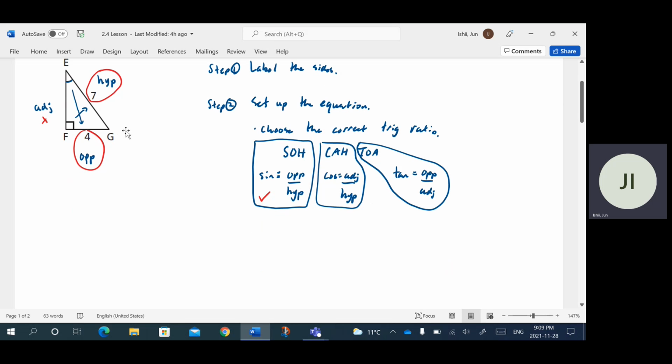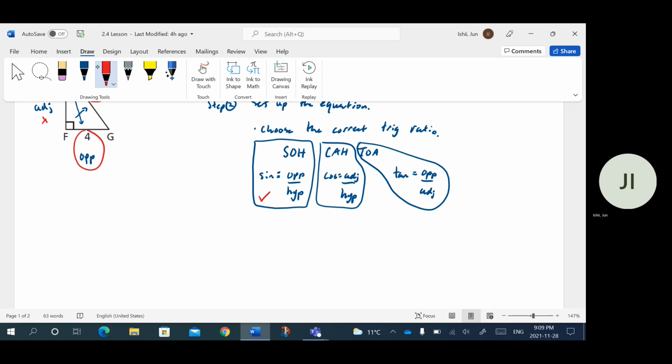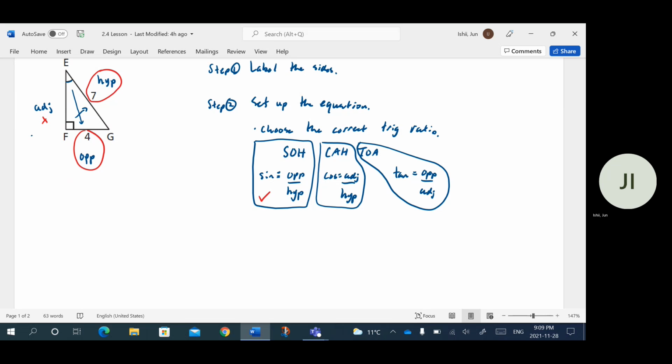When I set this equation up, I'm going to write the sine of angle E equal to opposite over hypotenuse. Opposite is 4 and hypotenuse is 7.